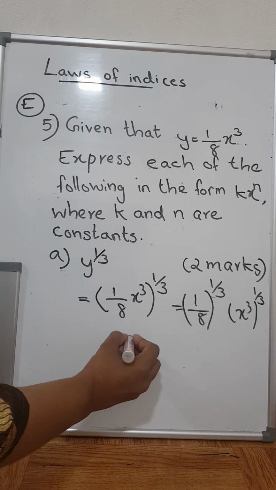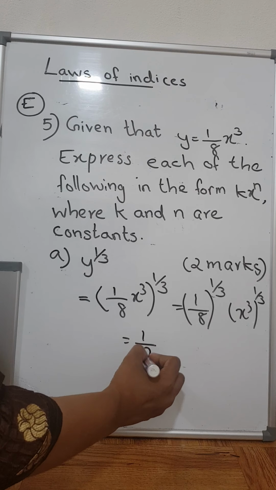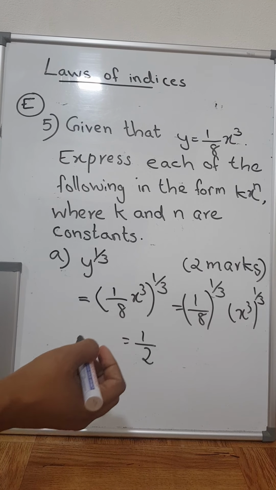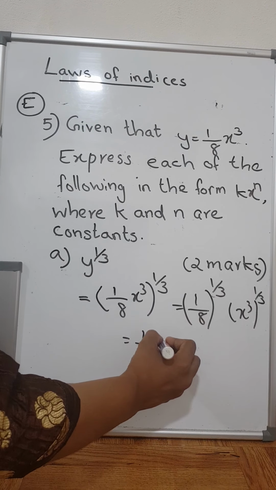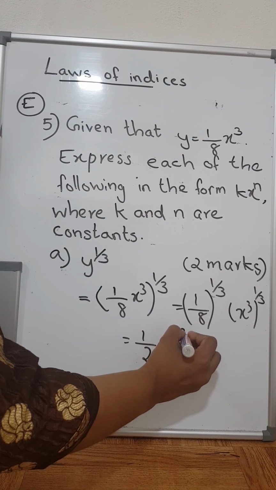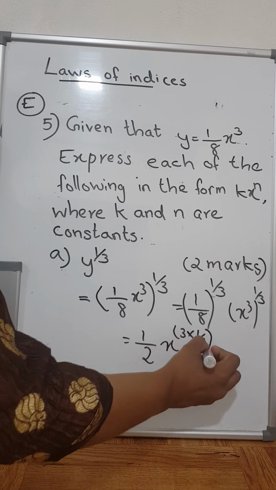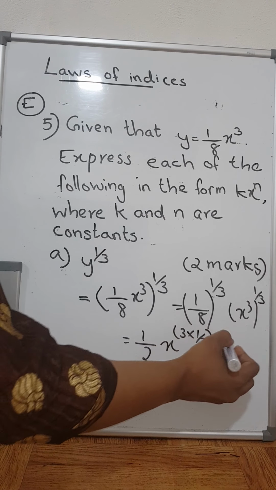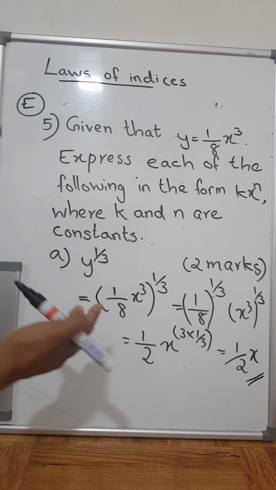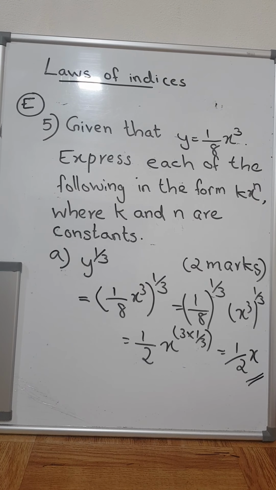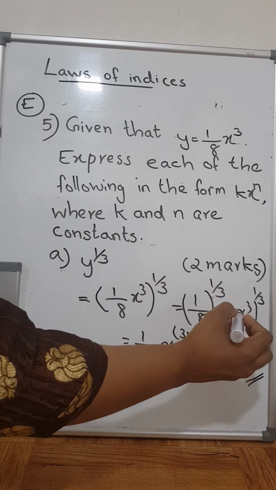So 1 by 8 to the power 1 by 3 is 1 by 2. Here we can use the power law. So x, 3 times 1 by 3, that is 1. x to the power 1, that is x. So half x. This question carries 2 marks: one for showing the method, the step, how you have done it.